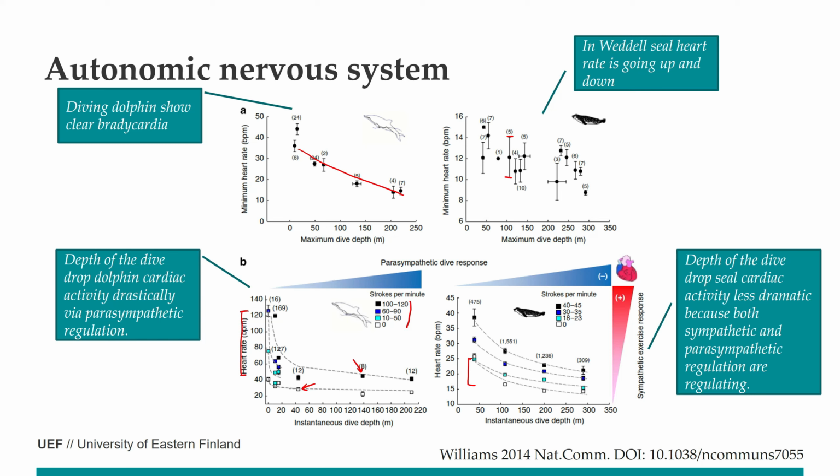So it's much larger and faster in slowing the cardiac rhythm drastically in the dolphin versus the seal, because now the seal has both. It has the parasympathetic, and then it also has the sympathetic exercise response.